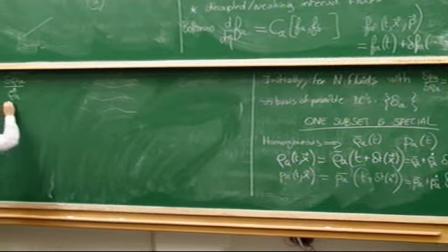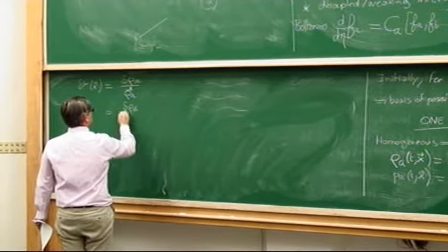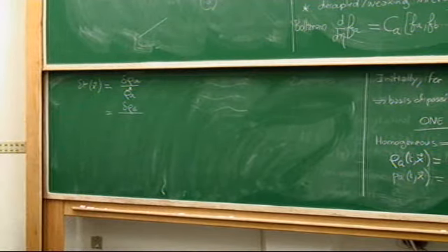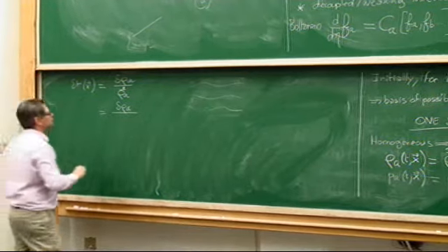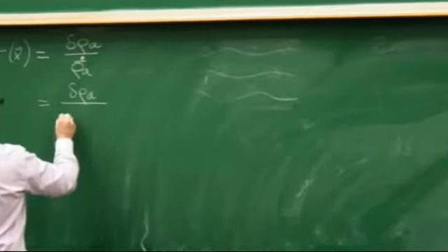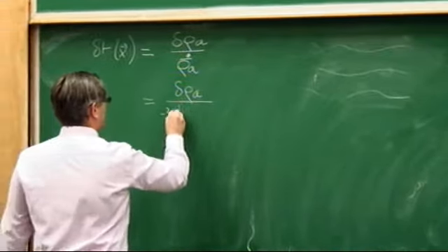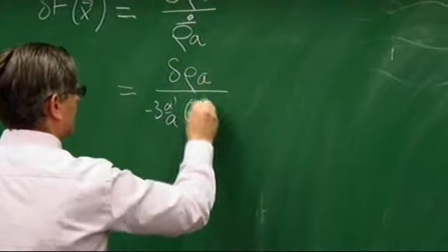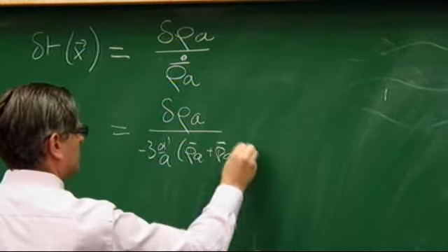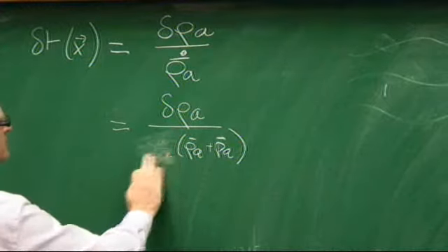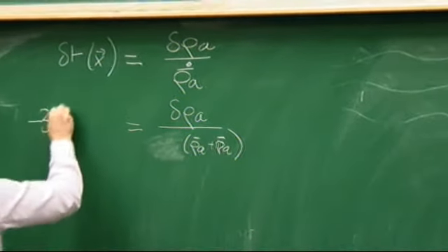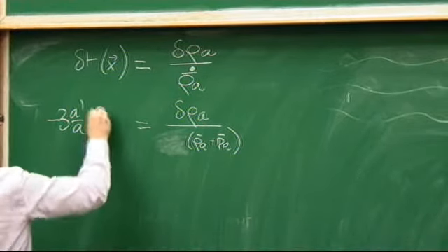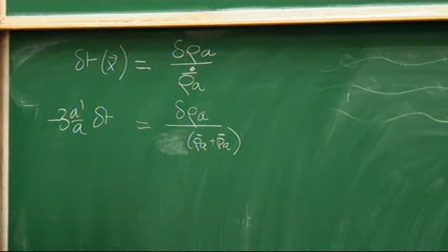Now, on the right-hand side, if I use the conservation equation that probably you have seen in the course of Bertschinger, here you have a minus 3 A dot over A times rho A bar plus P A bar. Let me put this quantity on the left-hand side. I get that minus 3 A dot over A delta t is equal to delta rho A over rho A bar plus P A bar.